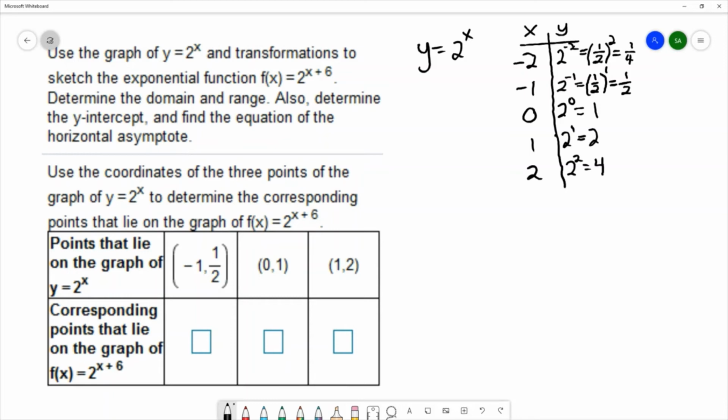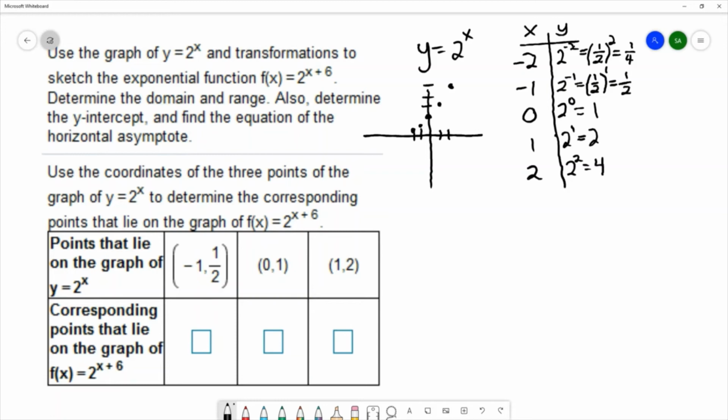So this is our base function. We want to think about the graph of this base function. We can take those ordered pairs and plot them: (-2, 1/4), (-1, 1/2), (0, 1), (1, 2), and (2, 4).